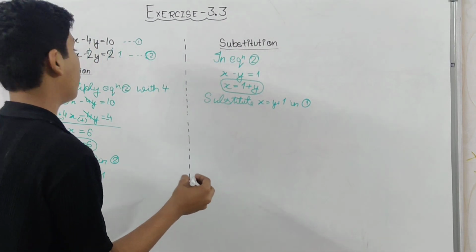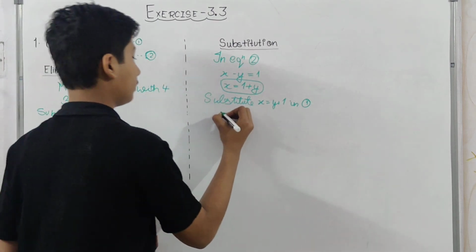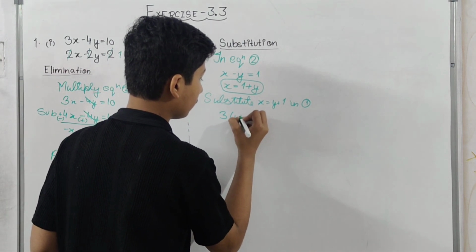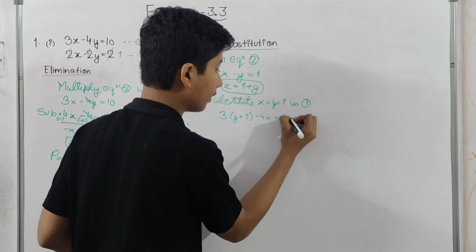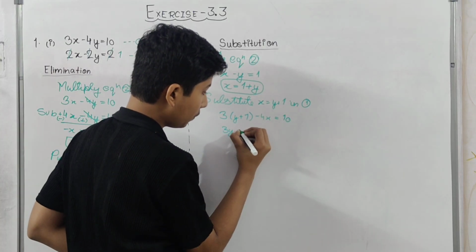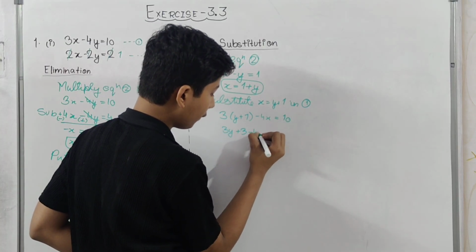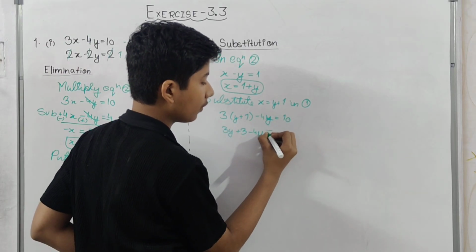Now we substitute it, we get 3 into y plus 1 minus 4y equals to 10. Now 3y plus 3 minus 4y equals to 10.